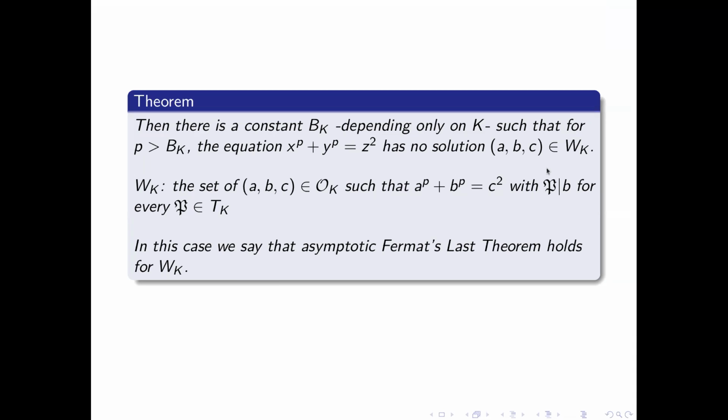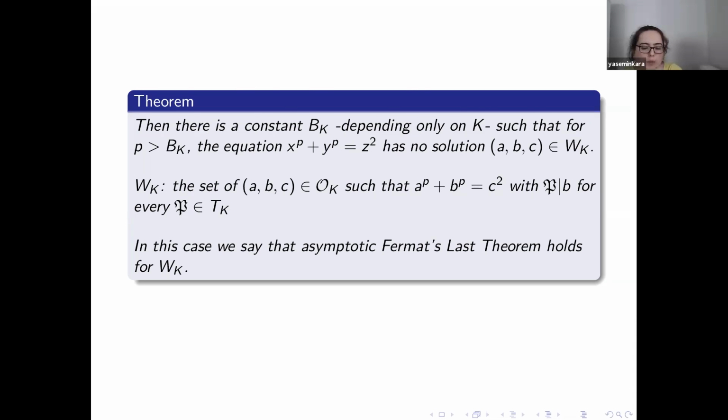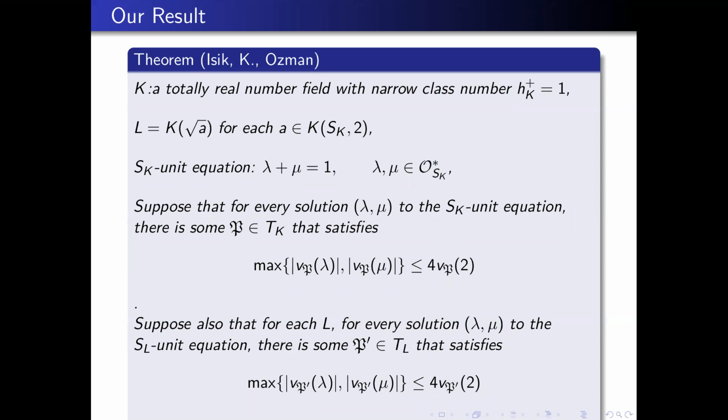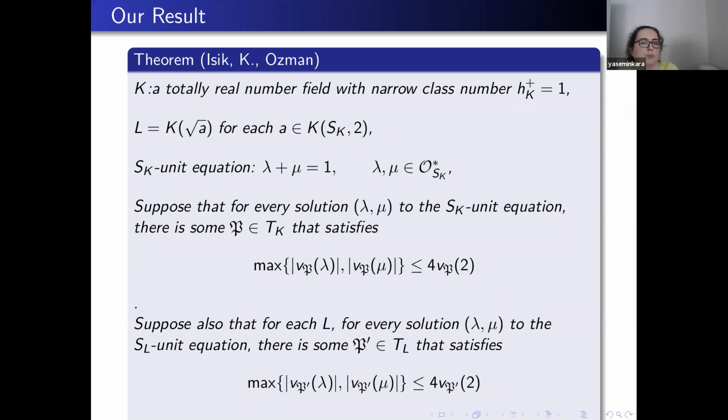And so the difference between T_K and S_K is, as I said, I didn't give the definition, but we have this set S. This set has only finitely many primes in it. For example, in the generalized Fermat theorem case, they consist of primes which divide 2abc.